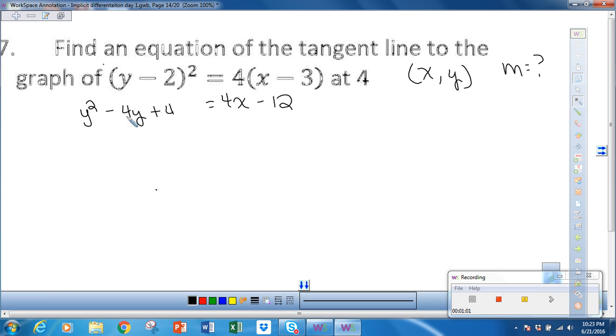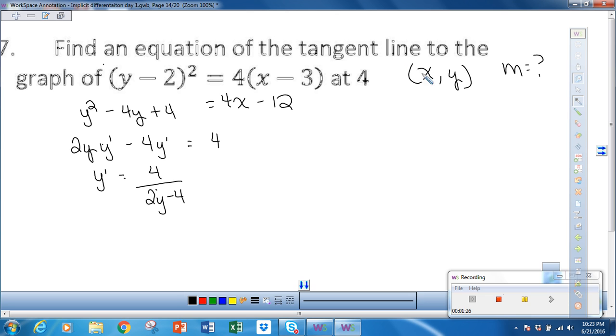And so taking the derivative, we get 2y y prime minus 4y prime is equal to 4. So we get y prime is equal to 4 over, factoring this out, 2y minus 4.